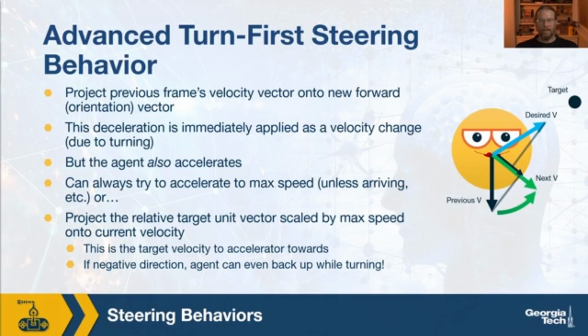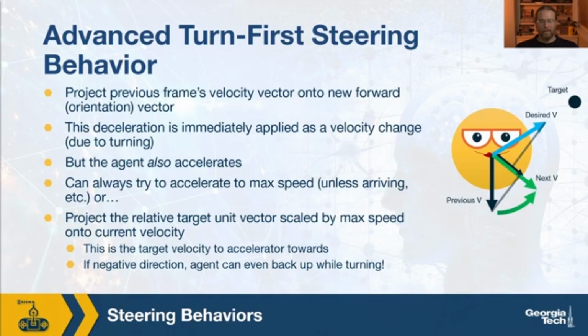As those two vectors get closer together, the projection is going to get closer and closer to the full length, the full speed ahead vector. You can use those two strategies together, and what you end up with is, let's say an agent suddenly has a new target and it is facing in a completely different direction. The agent will tend to favor turning in place, like putting on the brakes and turning in place.